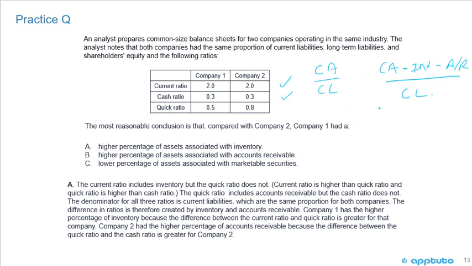But the quick ratio is going to be current assets minus the inventory, take out the inventory, divided by the current liabilities. So we can see Company 1 has a lower ratio than Company 2. So that means that the numerator is less than Company 2, okay?